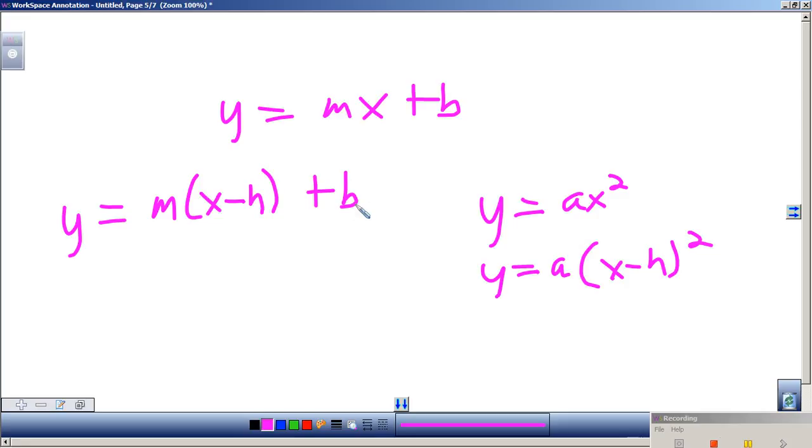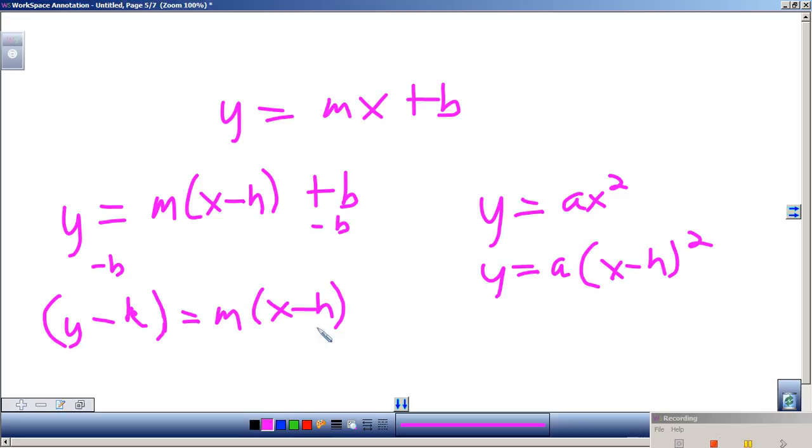How would we move it up or down? So let's actually move this b over here to make it into the form y minus k equals m times x minus h. Does this look more like what we've been doing? Okay, everybody, you can see this is a bit more like what we've been doing. But this is just the same as if we move this b over here.